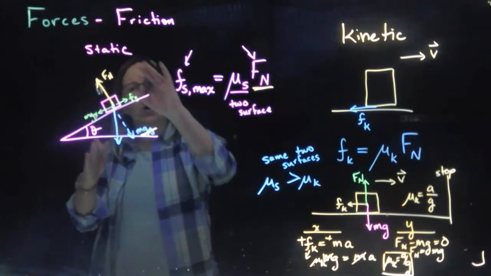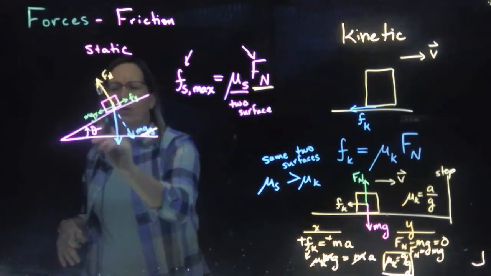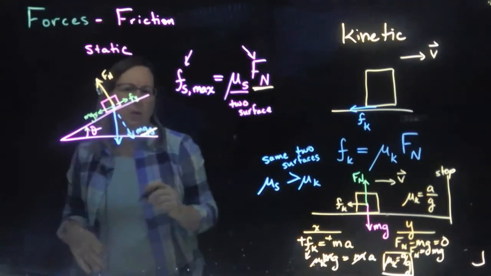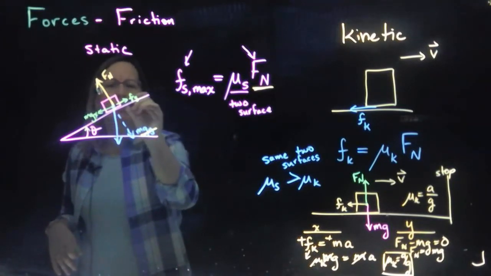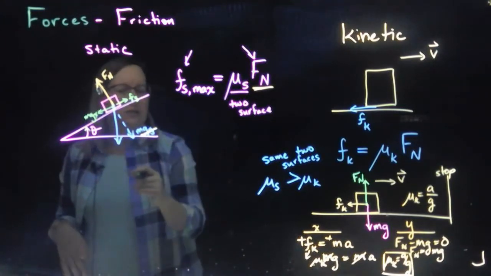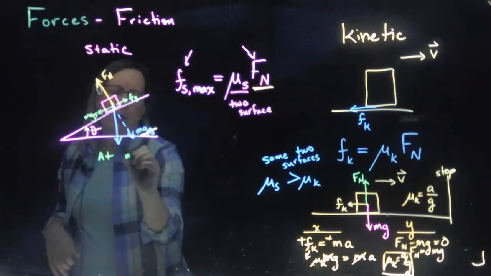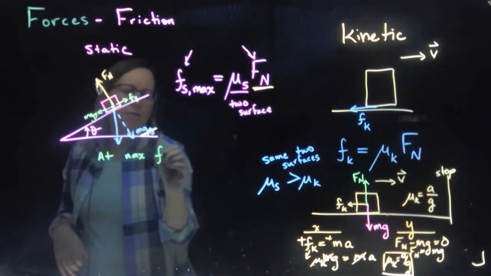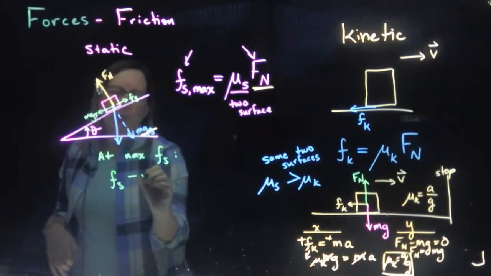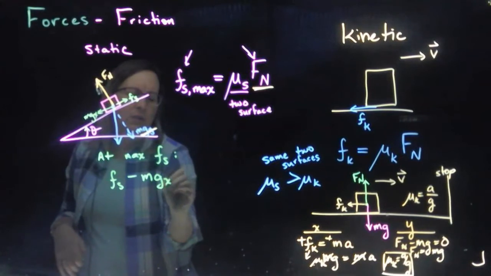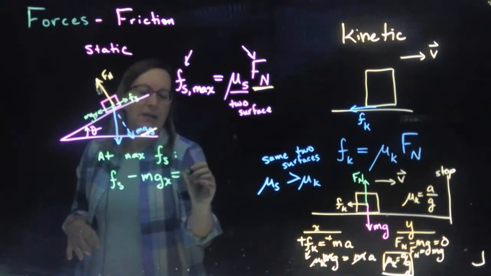And as we go, we get to the point where we lift this angle up just enough so that these are equal, and then it starts to slip, right? So this is just a little bit bigger than this, and so it starts to slip. We can find, at the maximum value of fs, a situation where fs minus the x component is basically equal to 0, slightly more, slightly less than 0.